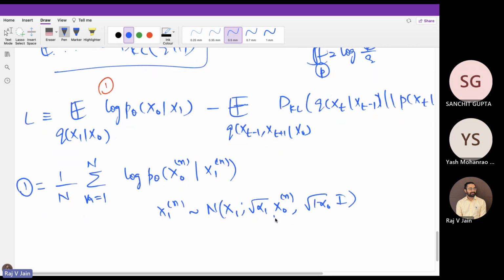So I have x naught n, that is the nth sample. I have the mean, I have the variance.